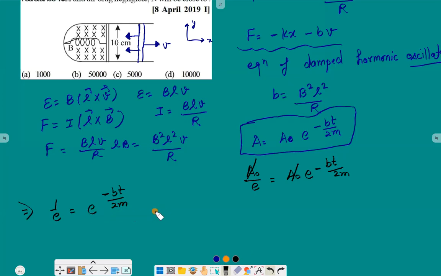Taking logarithm of both sides, ln e is equal to 1, so 1 should be equal to bt by 2m. From this, the time taken to reduce the amplitude to 1 by e times will be twice m divided by b.